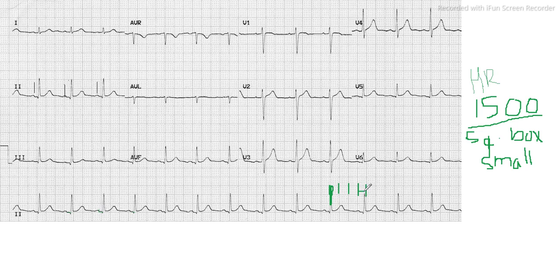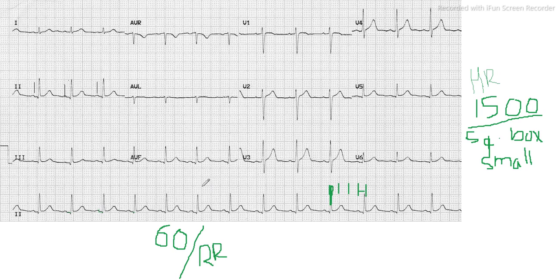Another method to find the heart rate is to divide 60 by the RR interval.